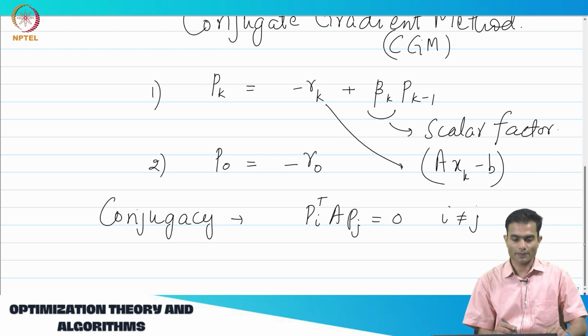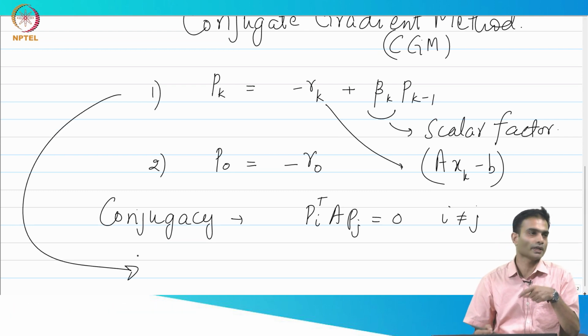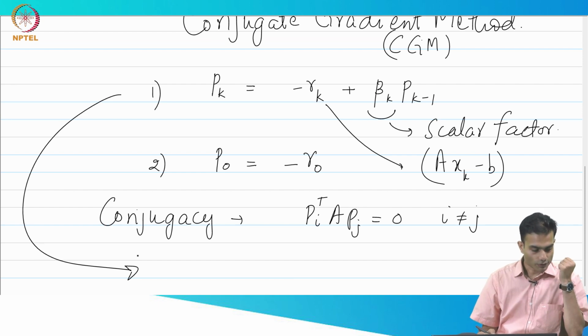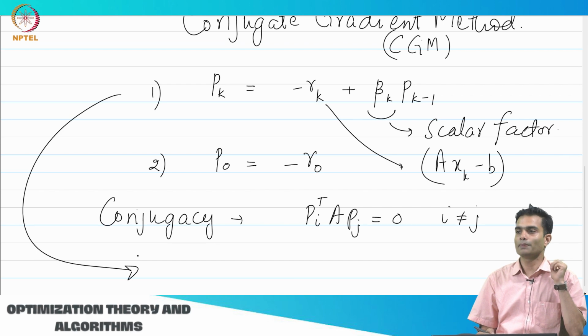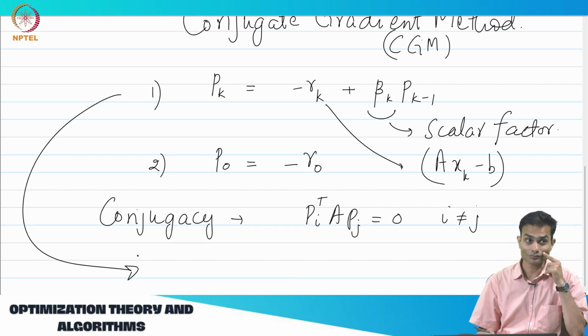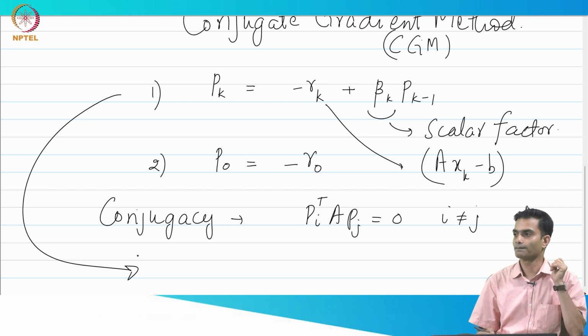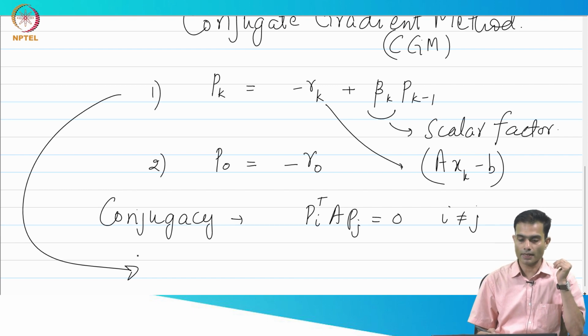I have an expression here in expression 1 that has p_k and p_{k-1}, right? So if I wanted to extract out beta from here, what would be the logical thing to do? Using this conjugacy property, left multiply by, okay, should I left multiply by p_k transpose A?